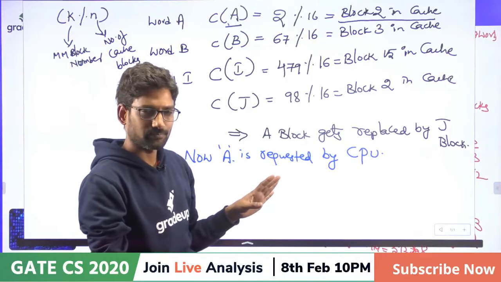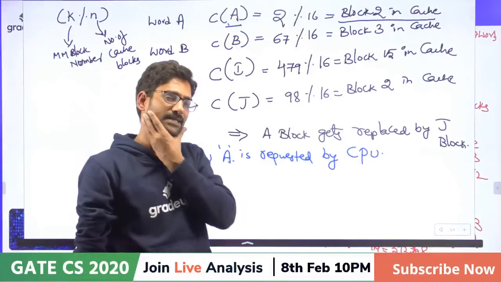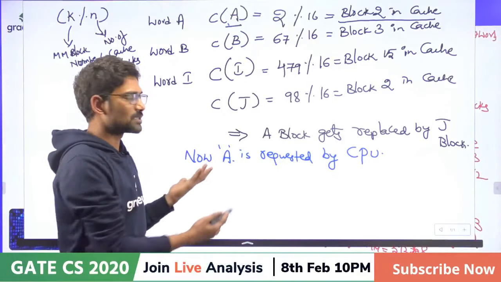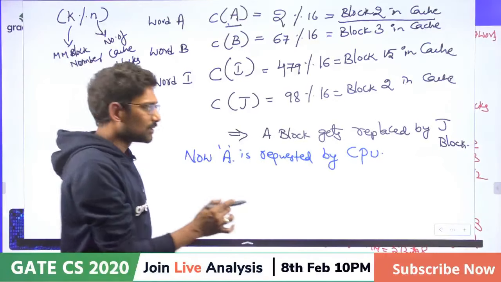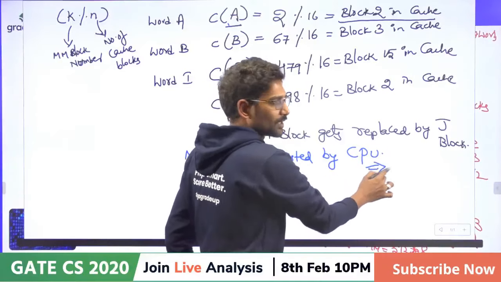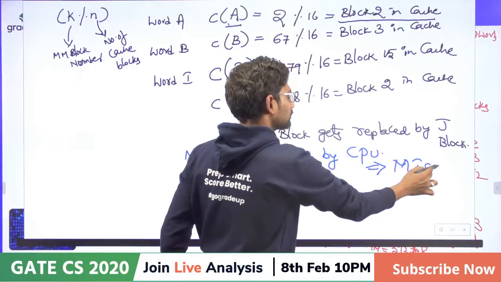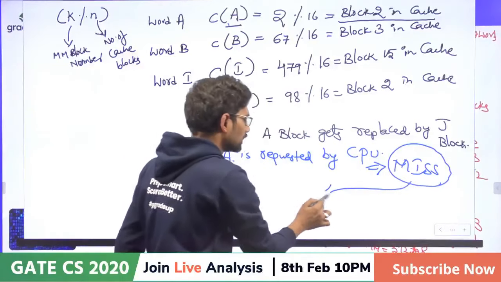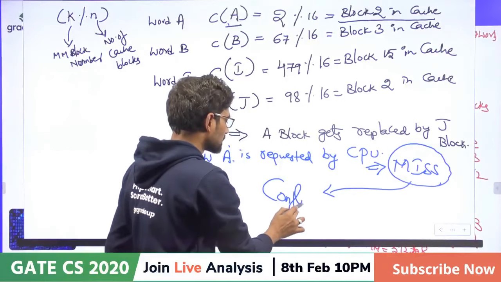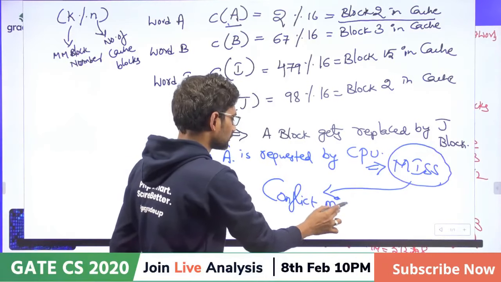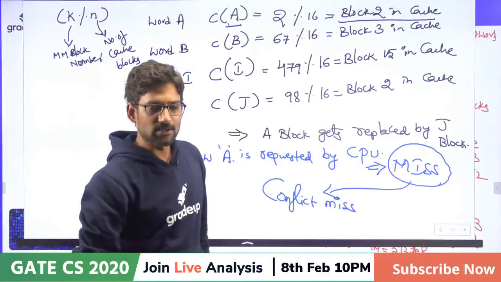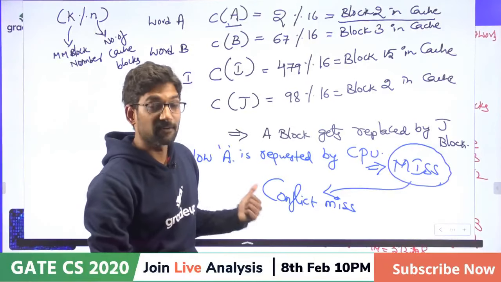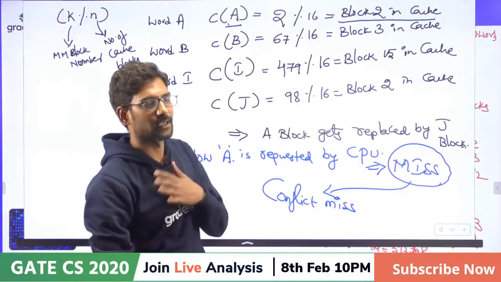Can the cache supply it or not? No, because it was replaced, it is not there. Now a miss occurs. This miss is called a conflict miss, because it is not the miss which occurred the first time for A, so it is not a compulsory miss.